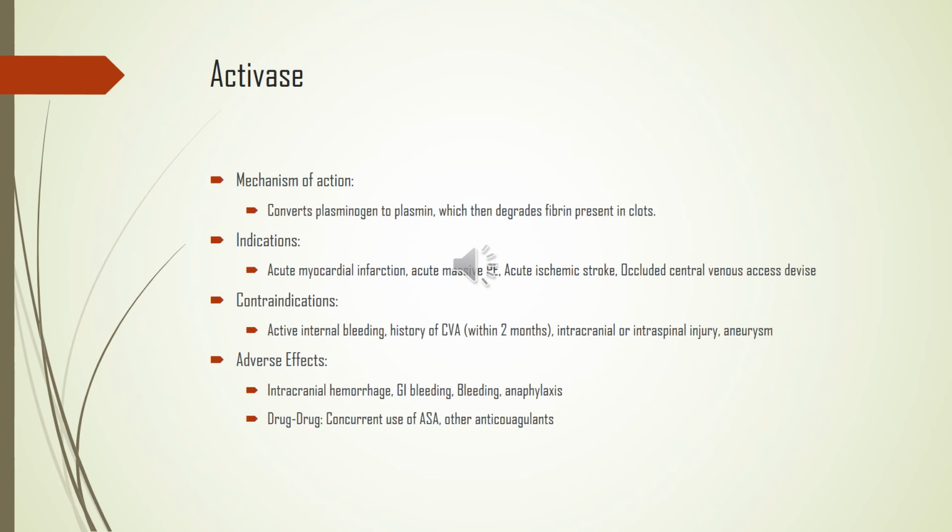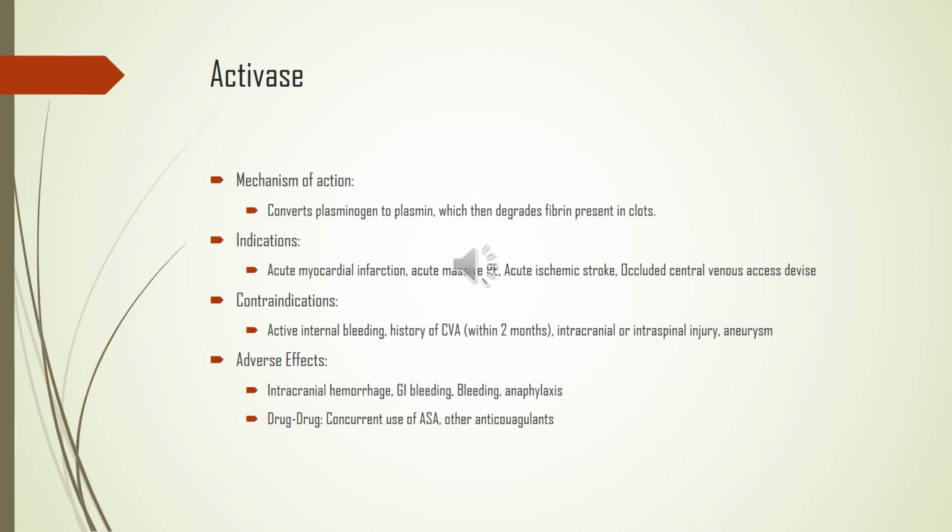The indications, like I said, are acute MI, acute massive PE, acute ischemic stroke, and occluded central venous access devices. So you're going to use the bigger vial as a drip for your MI, your PEs, and your ischemic stroke, and you're going to use the Cathflo for your central venous devices to break loose the blood clot at the tip of the catheters.